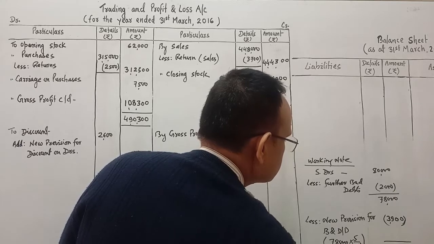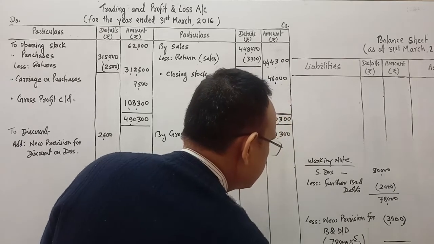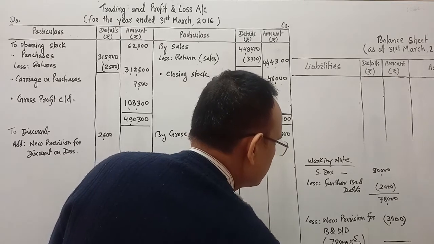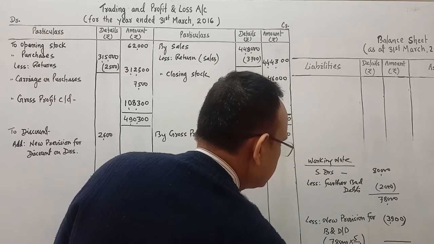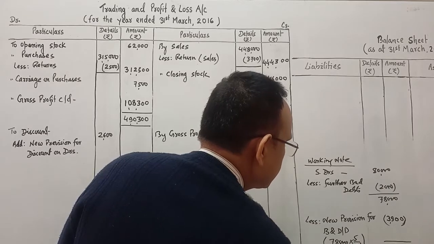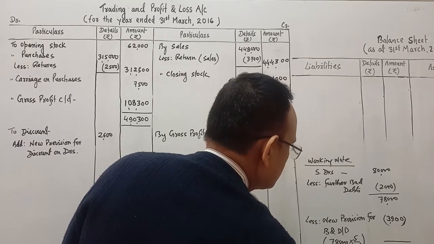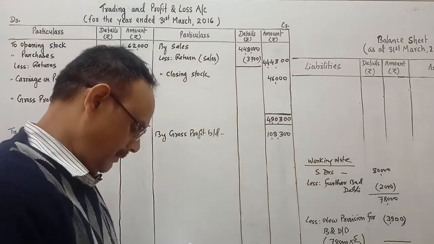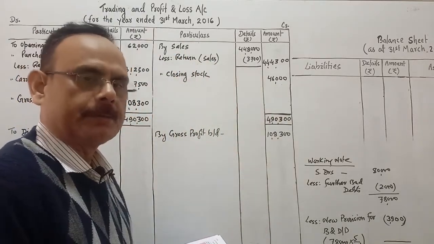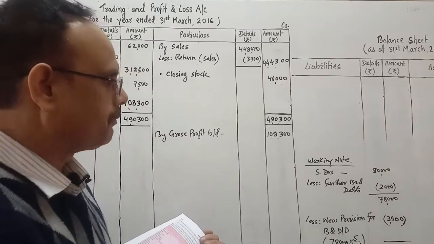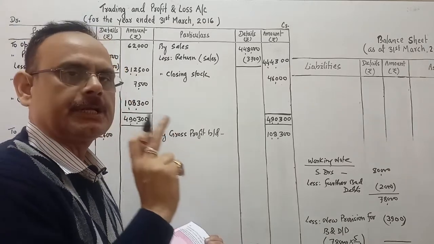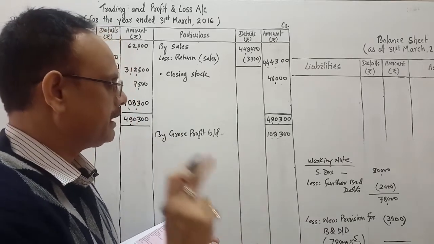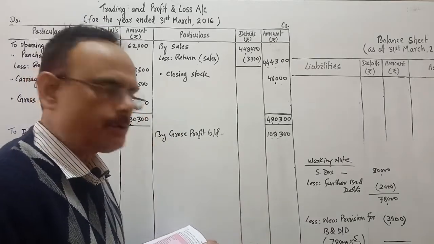on debtors, on which amount? 74,100. Provision for discount on debtors is 2%. Information number 4, adjustment number 4: 5% is the new provision for bad and doubtful debts and 2% is the provision for discount on debtors.